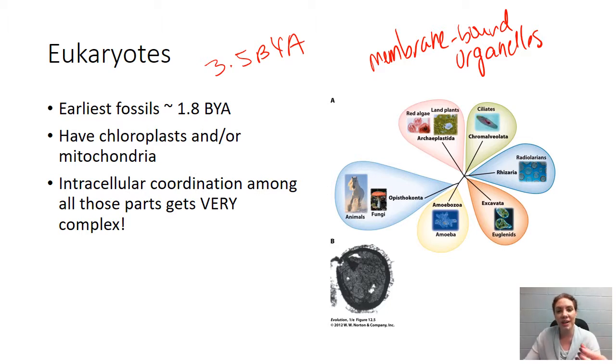But trying to coordinate all of these activities, transcription, translation, glycolysis, the Krebs cycle, all of these things going on in the cell, protein synthesis, protein degradation, bringing in glucose, coordination among all of these things, including all of the organelles, gets really complicated. So what favors that additional level of complexity? How did this start?